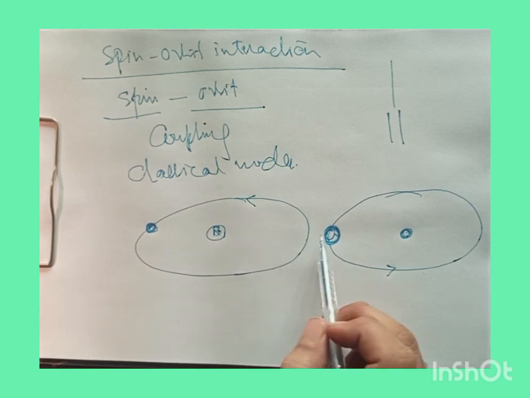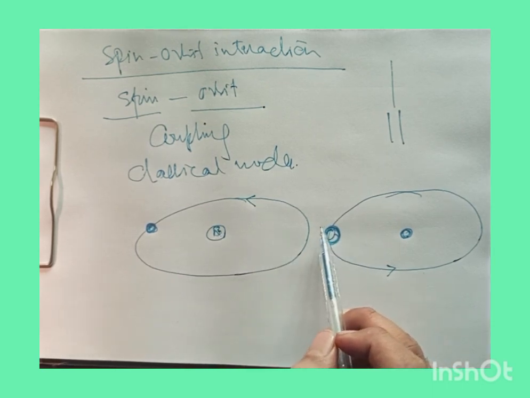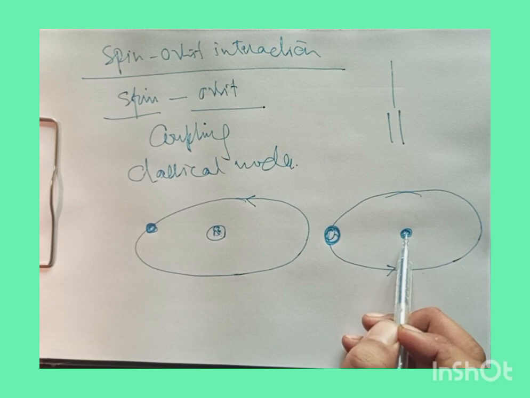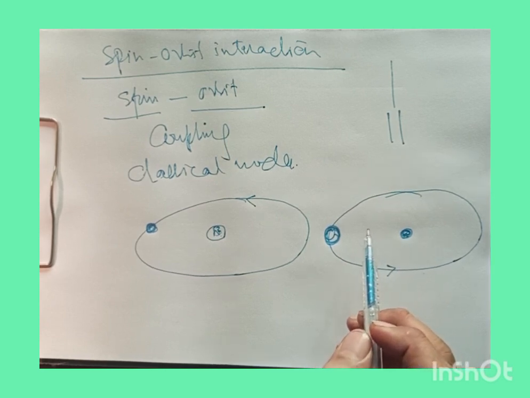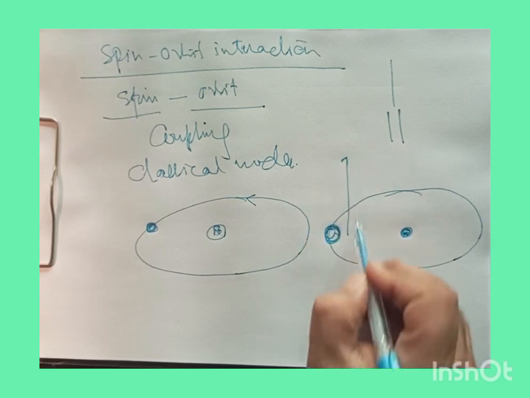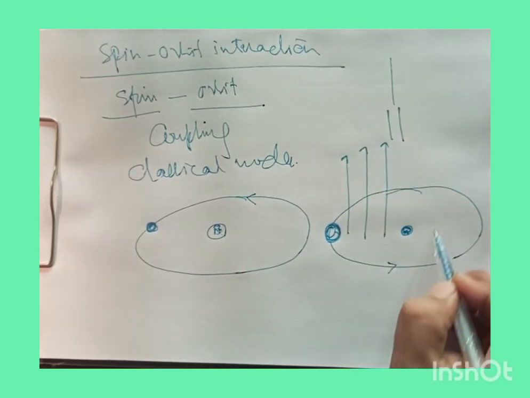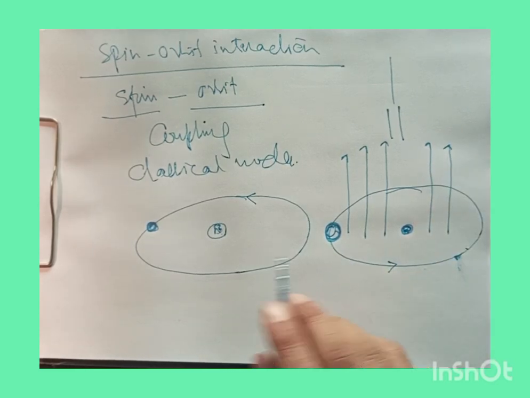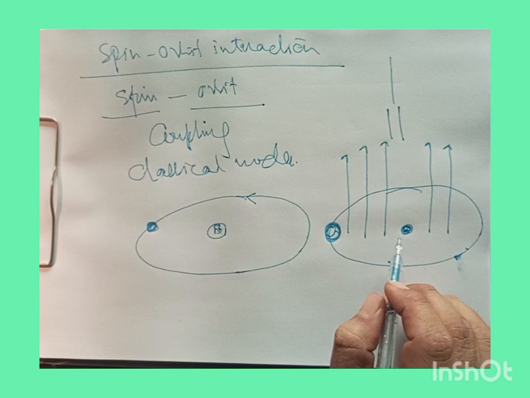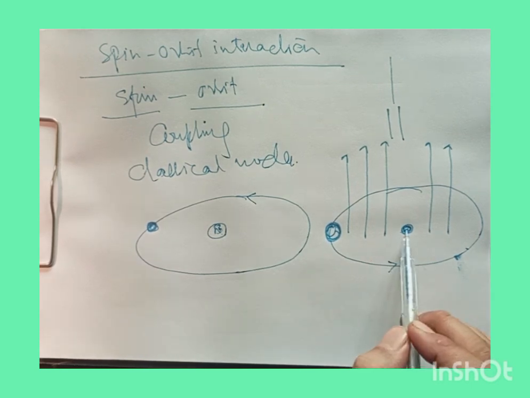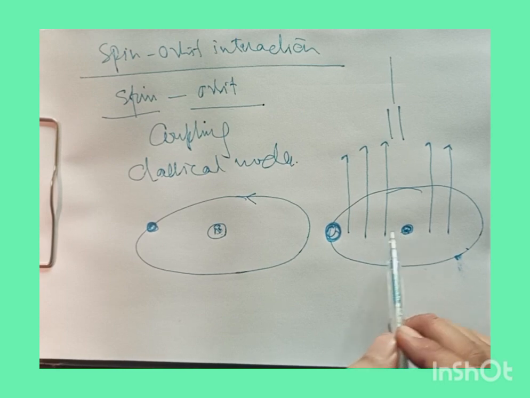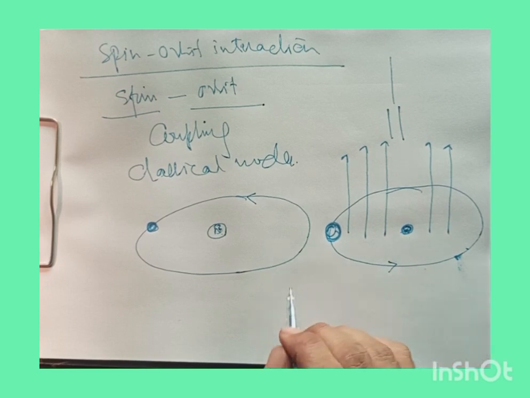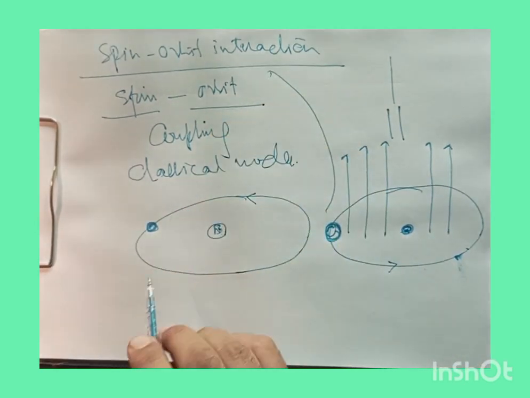Now, from the electron's point of view, the nucleus is circling it, and the magnetic field the electron experiences as a result is directed upwards from the plane of this orbit that we have assumed here. And the interaction between the electron's spin magnetic moment and the magnetic field that it has leads to the phenomenon of spin orbit interaction.